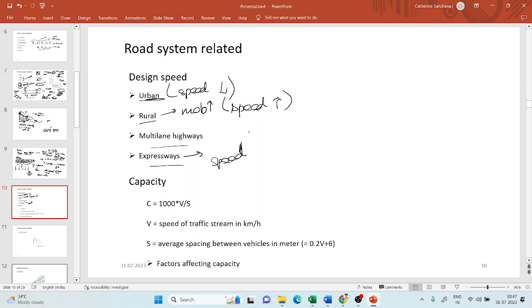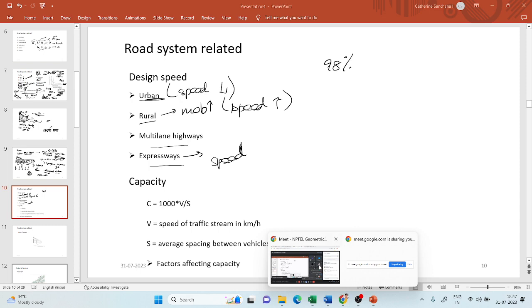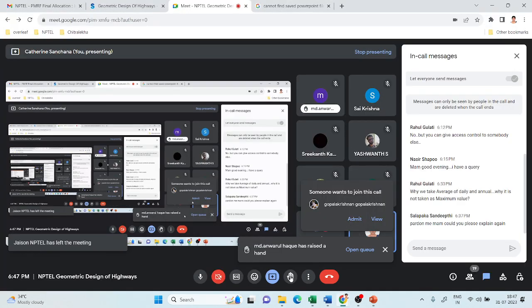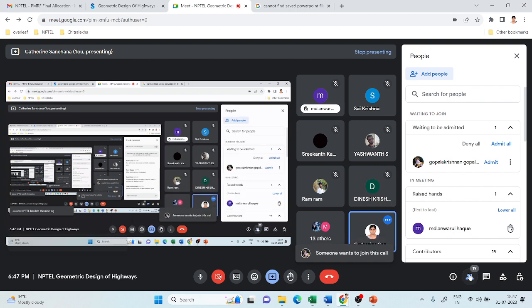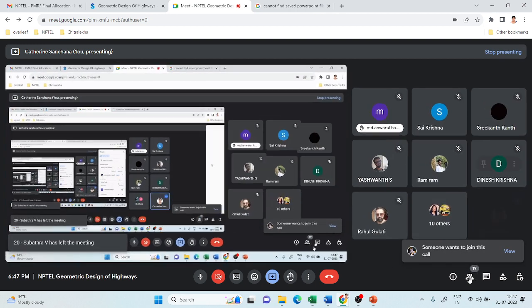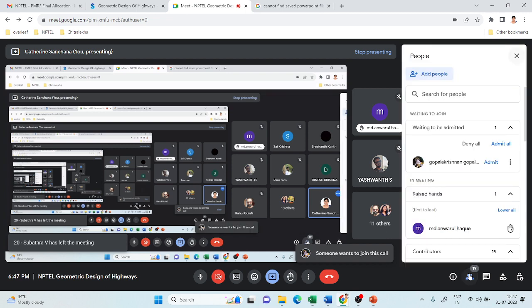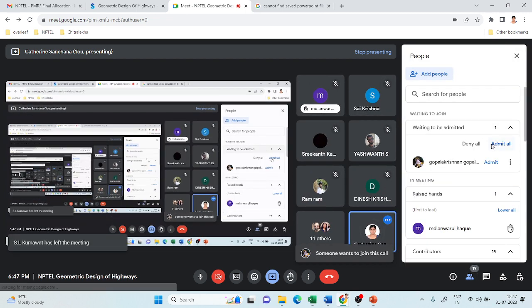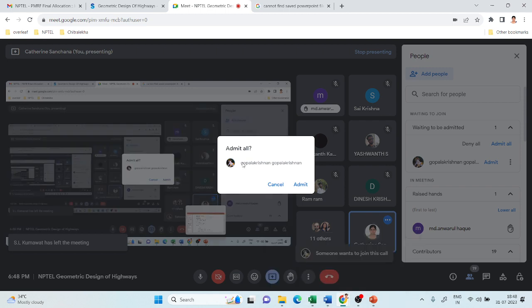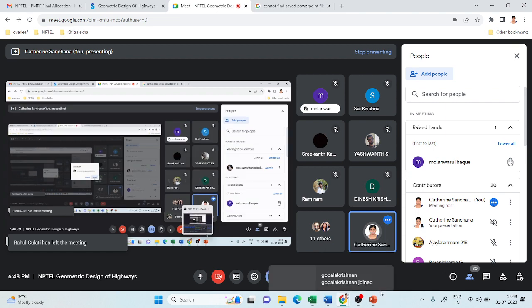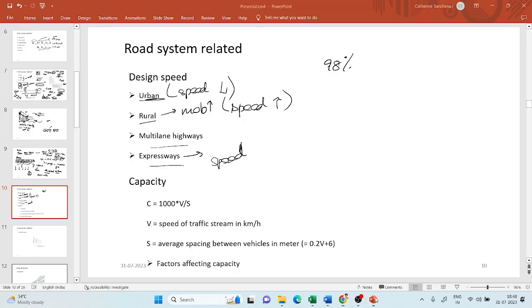You will design the road for something called the 98th percentile of speed. Now, what is this 98th percentile? Say my traffic is heterogeneous, as I said earlier.